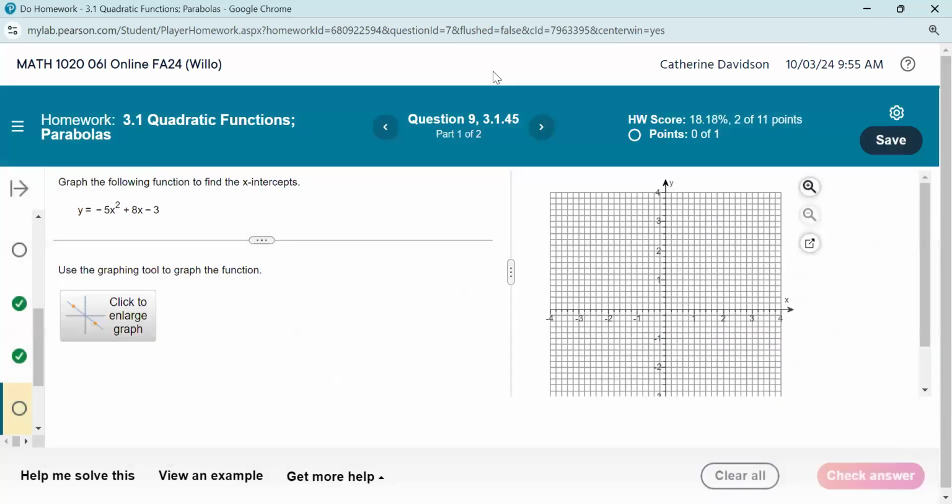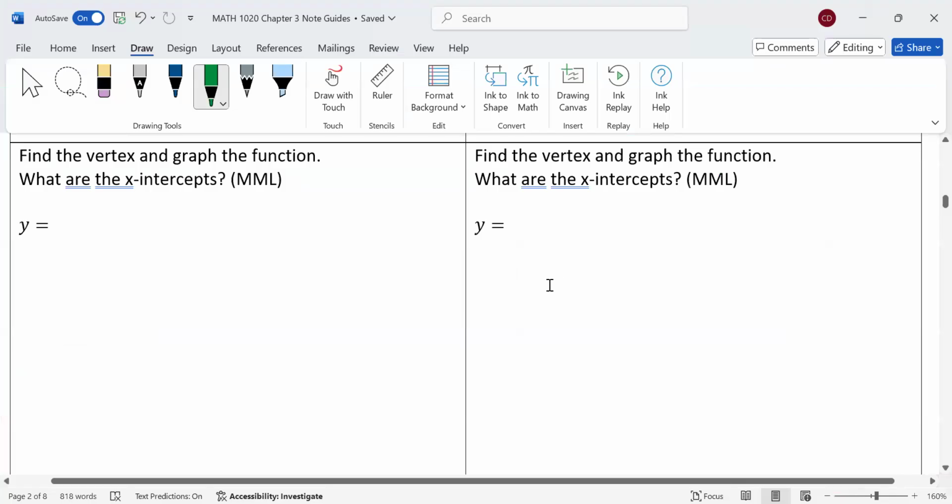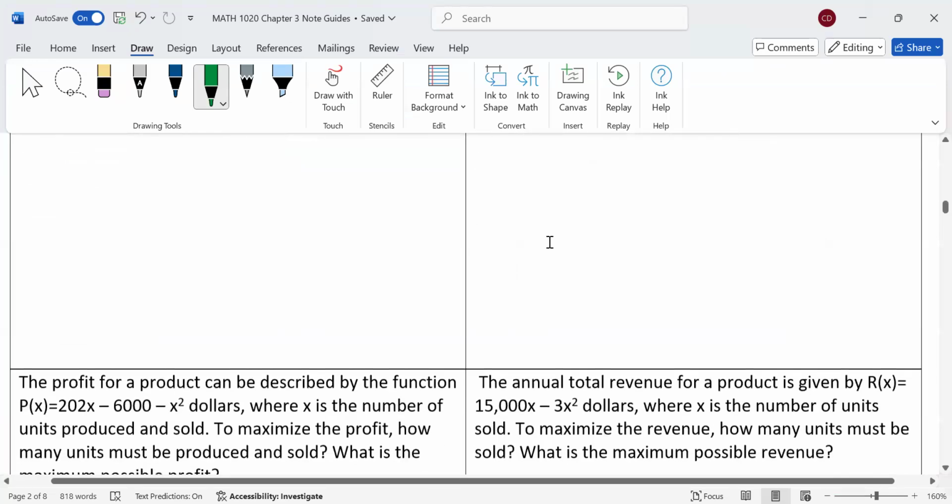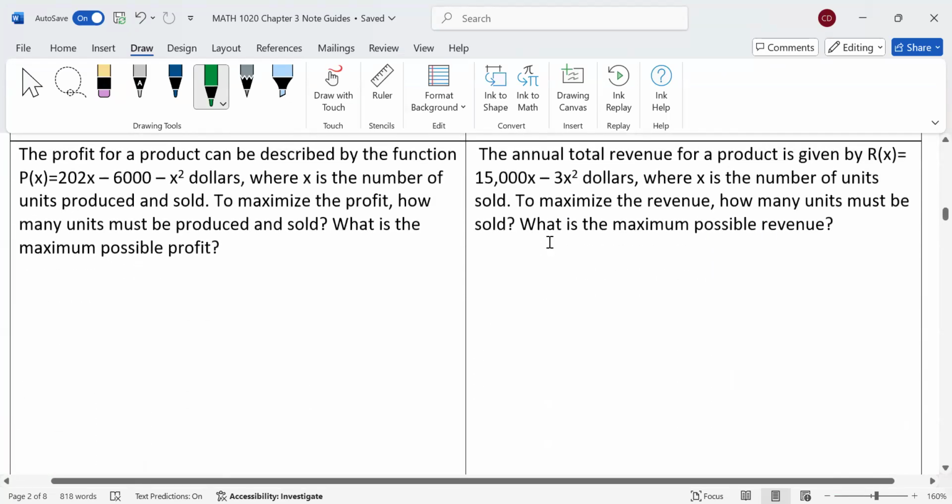And that is how you graph. Let's go back to our note guide. And those were left blank, so you could just use whatever they had in there.